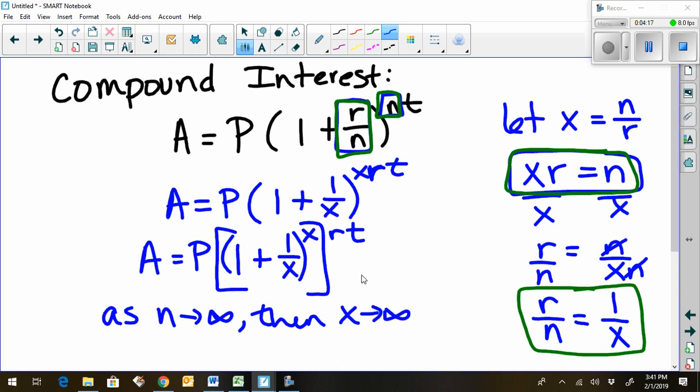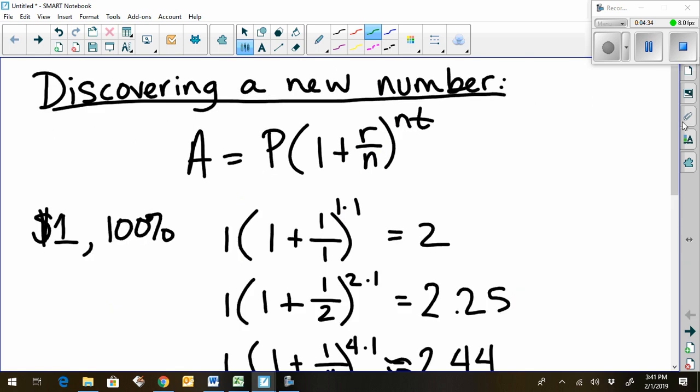So as we're compounding this continuously, as we are continuously getting interest, then what happens on the inside of these brackets is that really this becomes the same as what we saw on the page before.